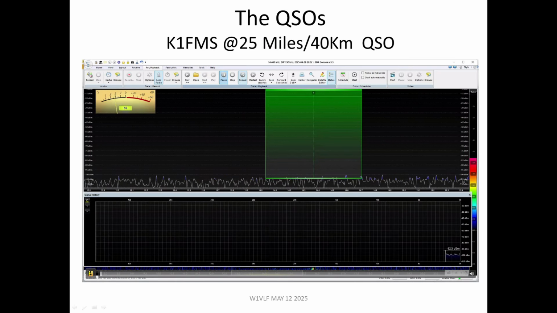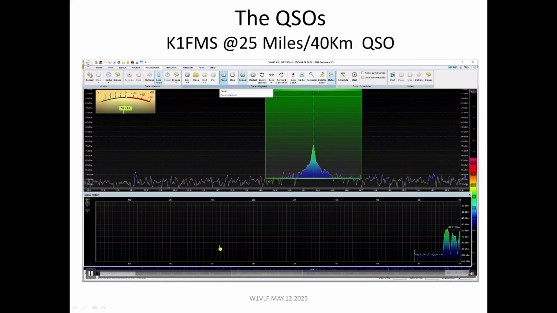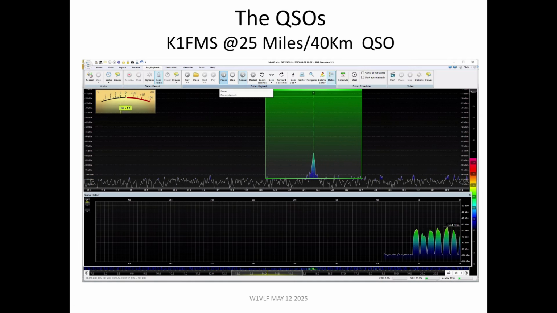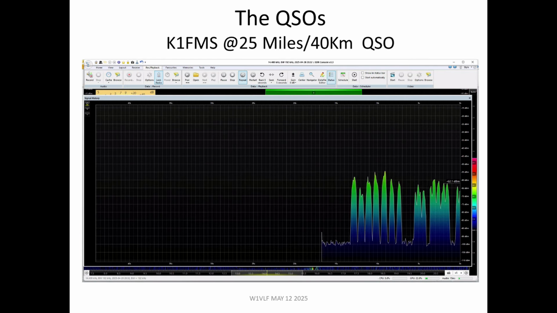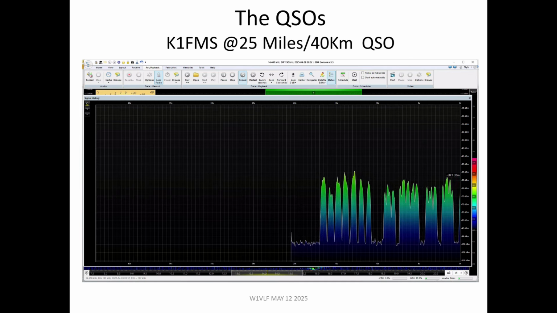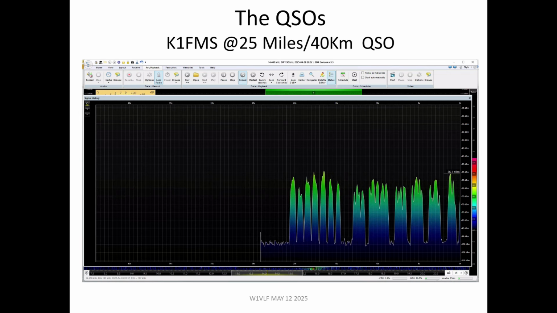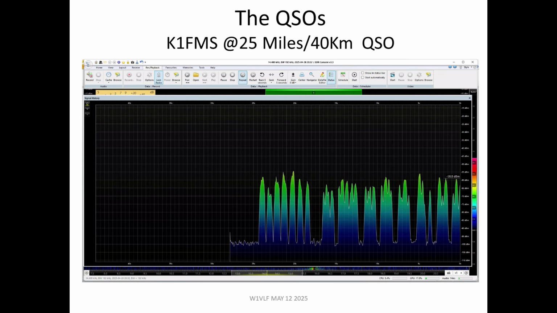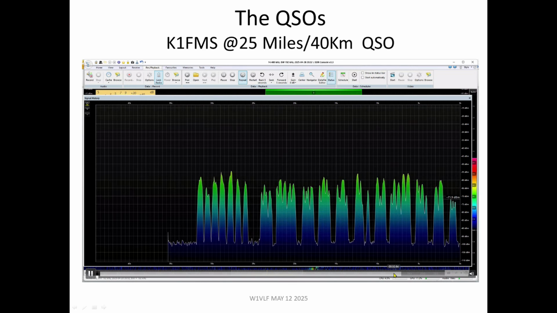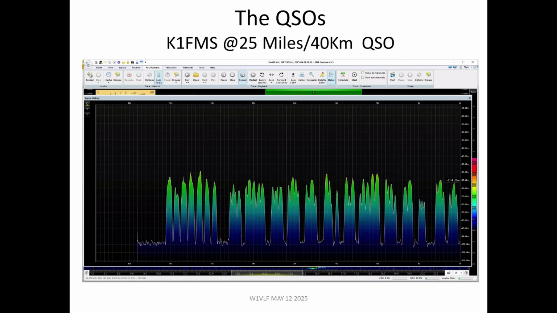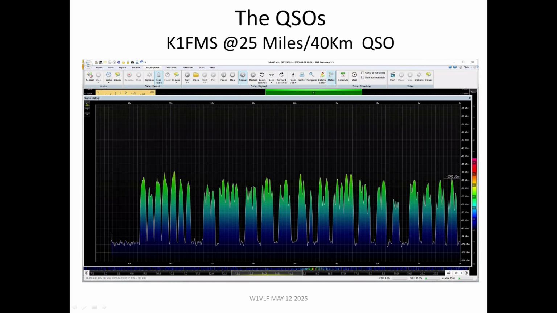So things are changing in the atmosphere as you make these tests. Let's see. Is this another one? 25 miles. So I'm going to pause really quick, but look at the QSB in between these letters, in these characters, and then look at this.